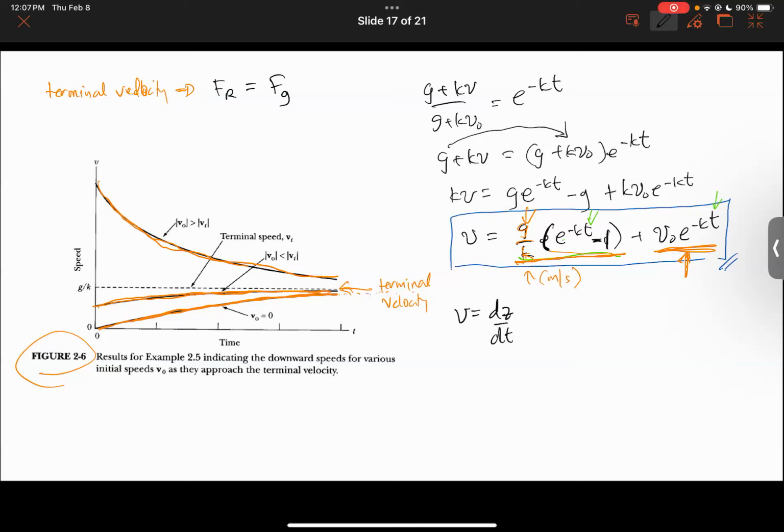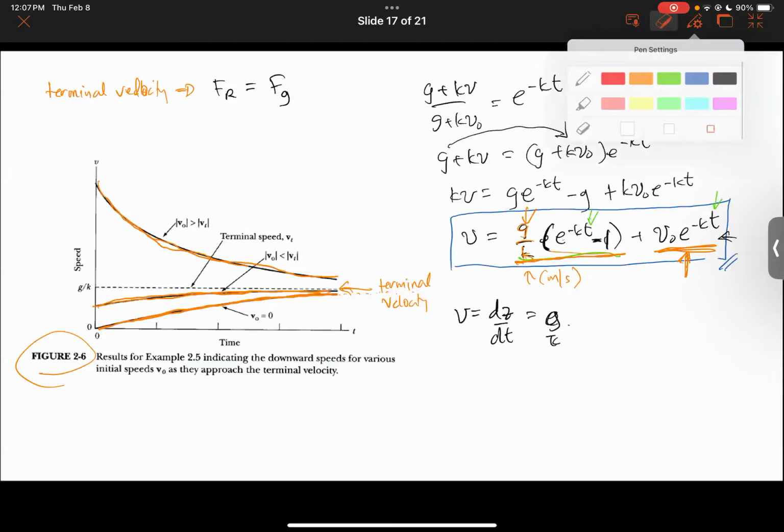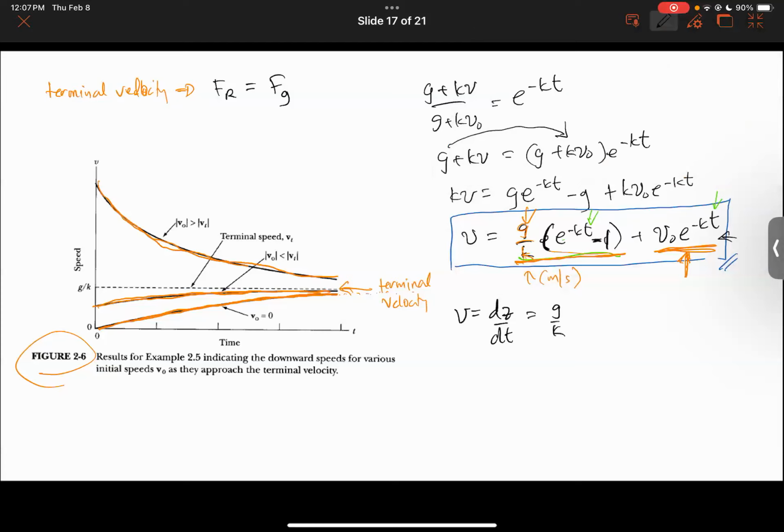This is straightforward naman na isolve kasi wala naman tayong z na variable dito. So this is just exponential of g over k, g over k exponential minus kt minus 1 plus v naught exponential minus kt.